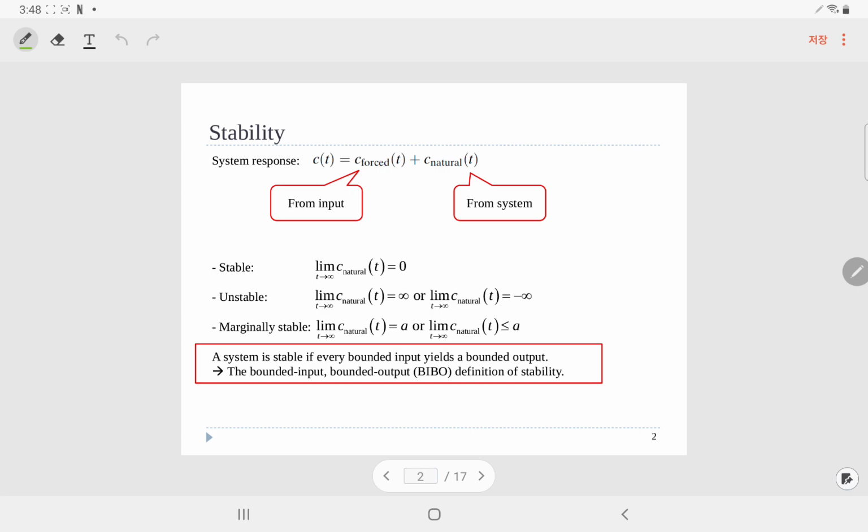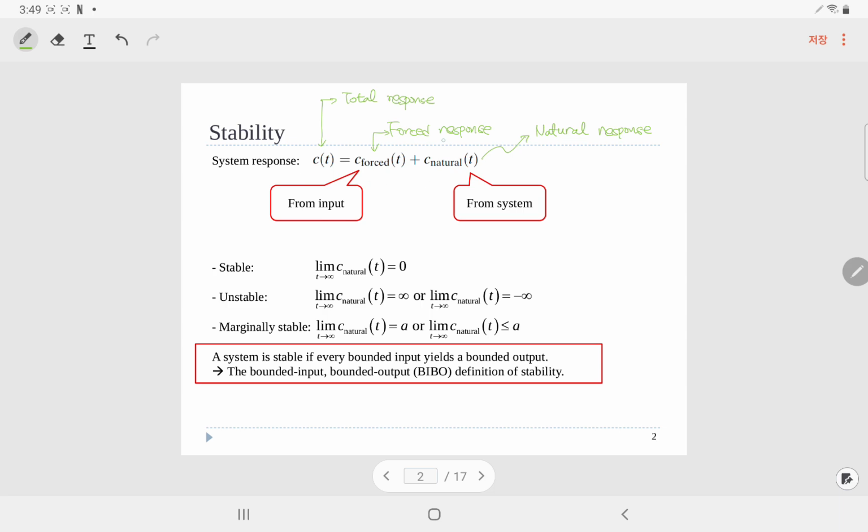Let's examine the definition of system stability. Let's see this equation. This term here, the c of t, denotes the total response of LTI system, and this term denotes the forced response, and the last one denotes the natural response of LTI system.